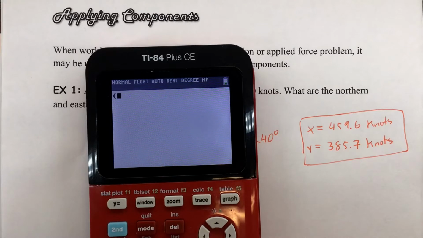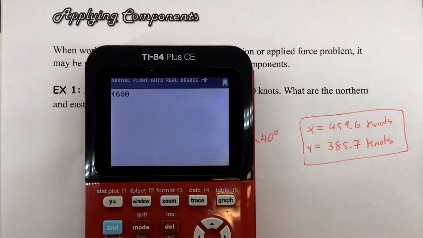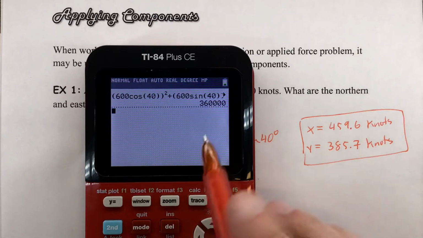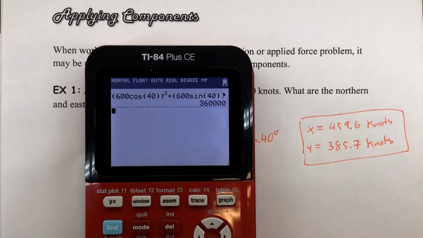I'm going to open up parentheses, 600 cosine 40, close and then close so that we can square it all together. So that's like your x squared. Then this will be our y squared. And we get exactly 360,000, which is the same thing as 600 squared.